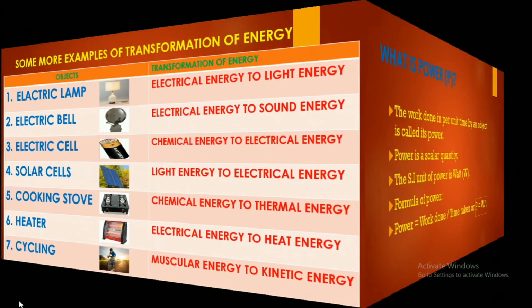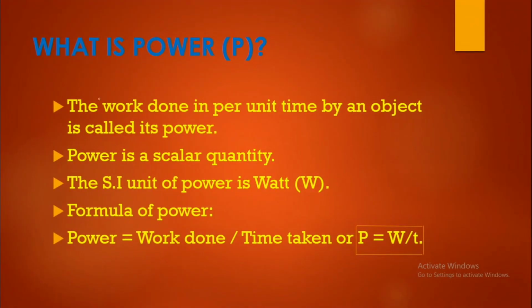Let's move ahead. Now, what is power? This is our last topic in this chapter. What is power? Power is denoted with capital P. The work done per unit time by an object is called its power. Power is a scalar quantity. The SI unit of power is watt.